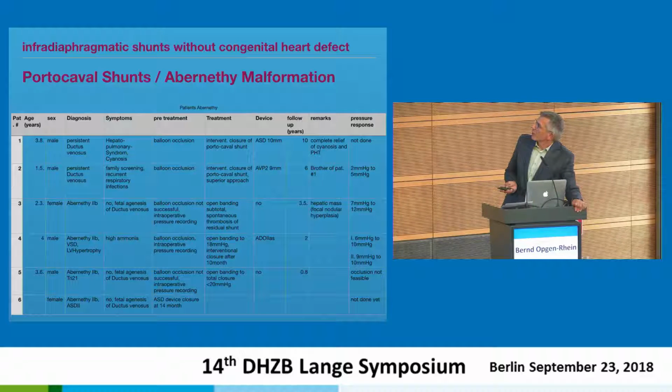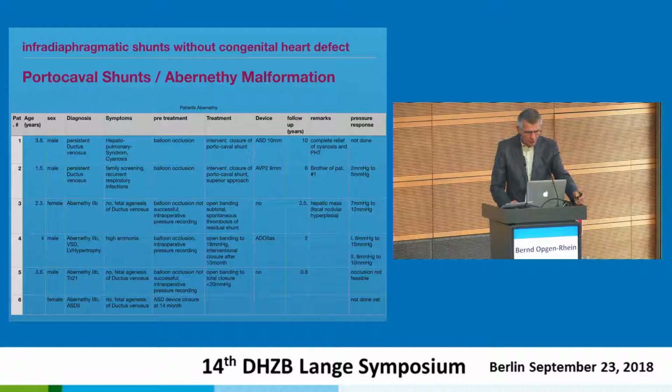And this one is the only one where we followed our concept of a secondary closure after 10 months, which works very, very nicely. All 5 children are very well, and there's no sign of portal hypertension. The 6th case is just waiting for a procedure to be done.